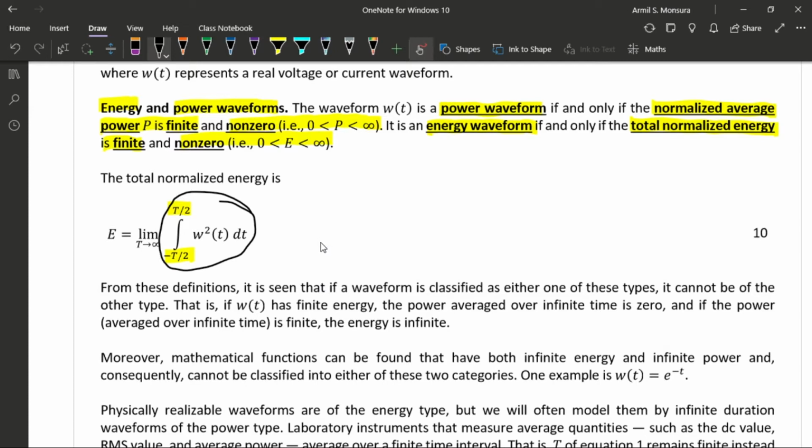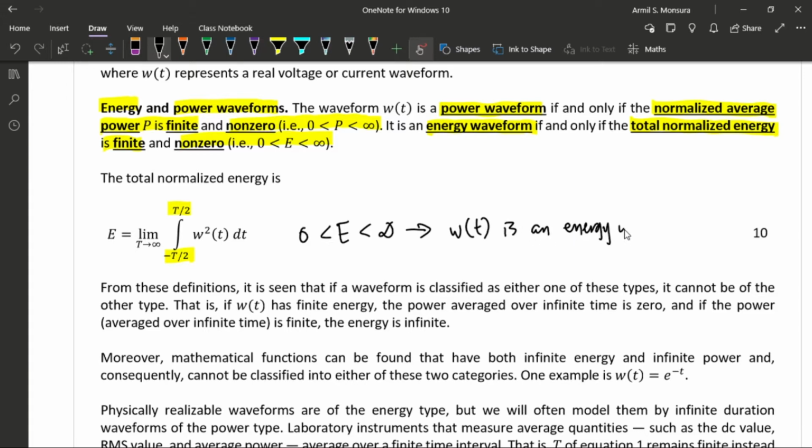Based on this formula, E would be finite and non-zero, which would imply that waveform W is an energy waveform, if your waveform approaches zero as t approaches infinity.